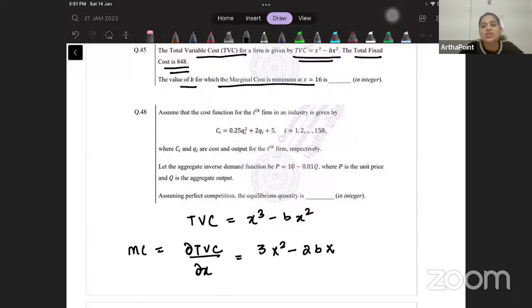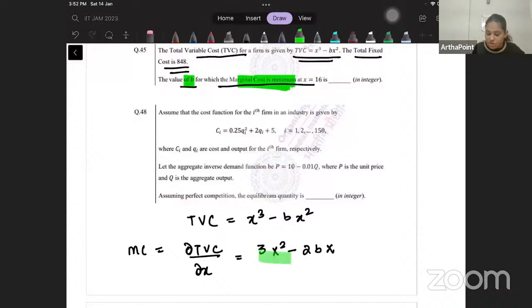And they just equated this to 0. This is incorrect. You have only just found the marginal cost. They're asking for which value of B marginal cost is minimum, so I have to minimize this. How will I minimize it? Differentiate it again and equate it to 0.